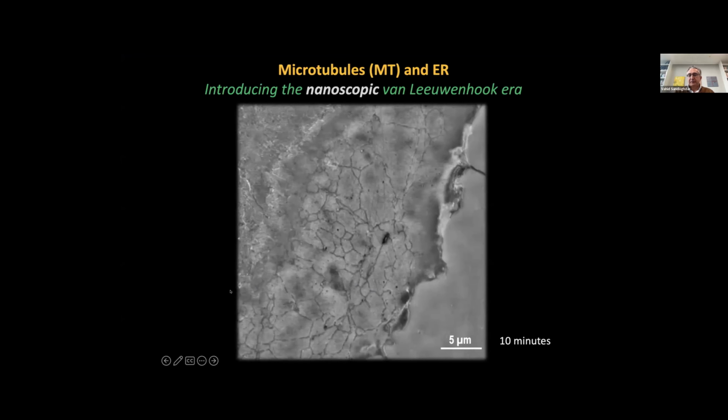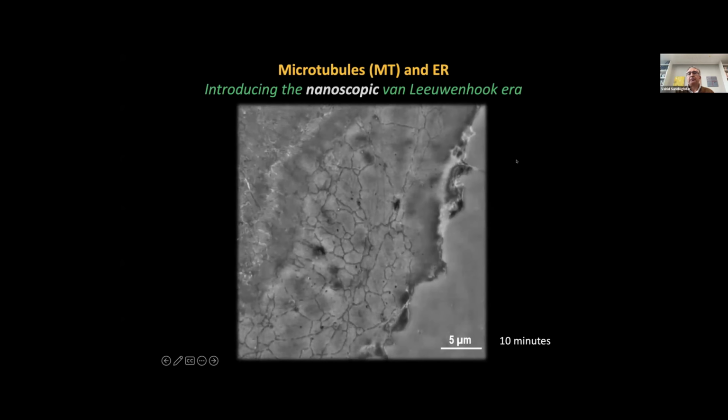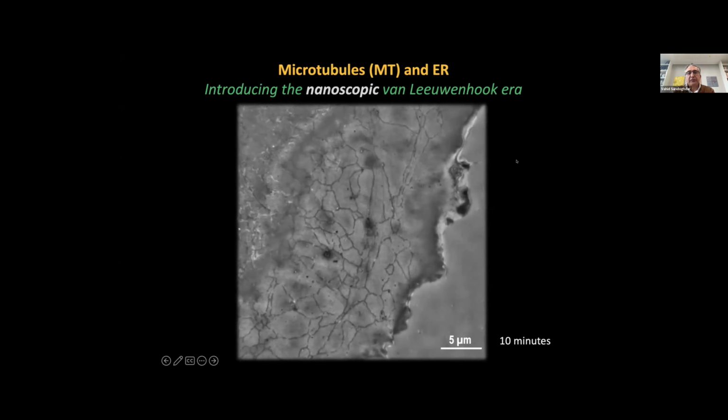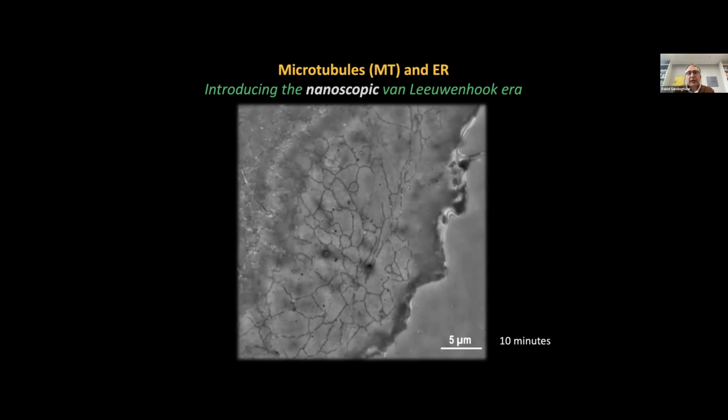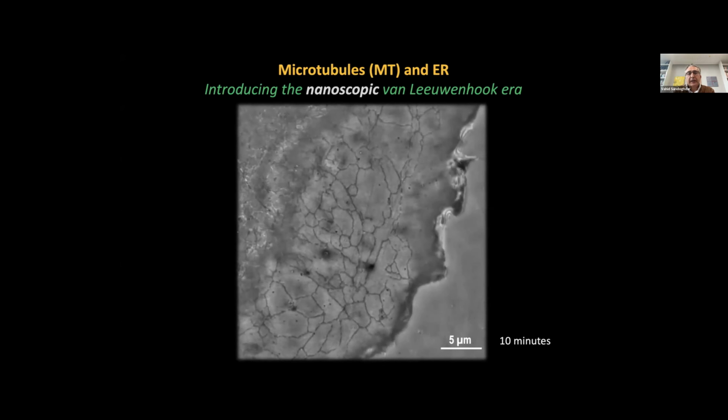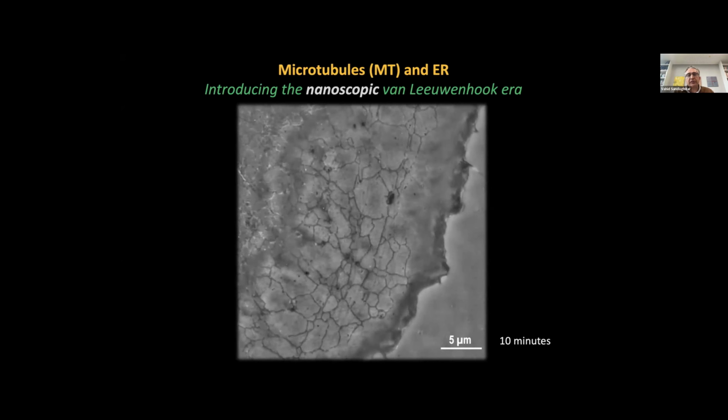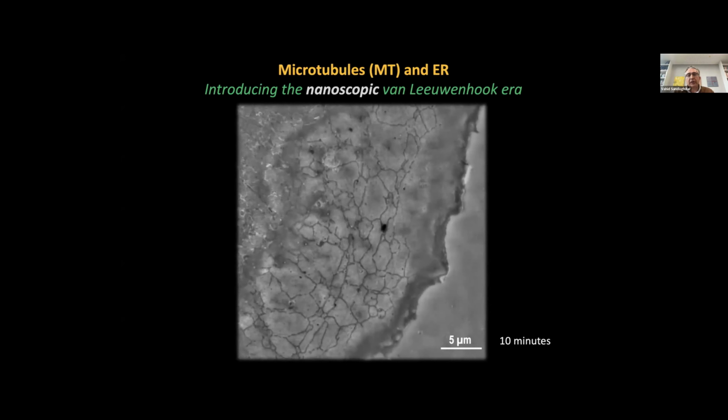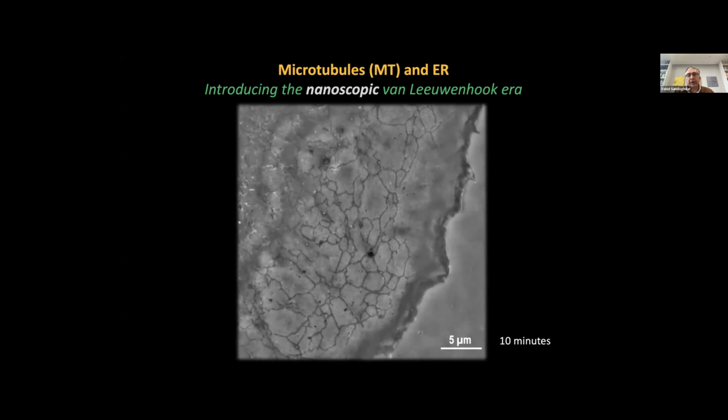Right, all right. So here's the video that I wanted to show you. And this makes this kind of imaging very exciting because you can see lots of things that are happening without having to label them.